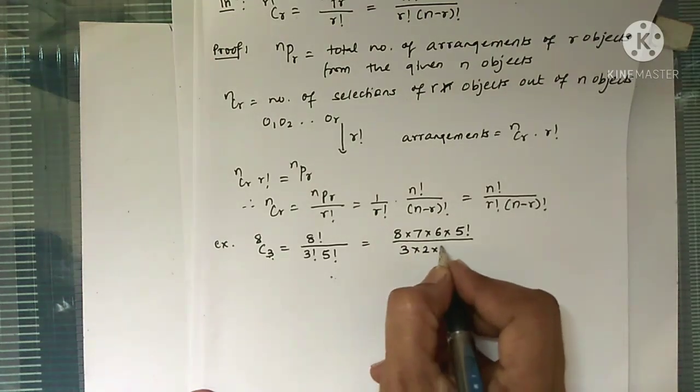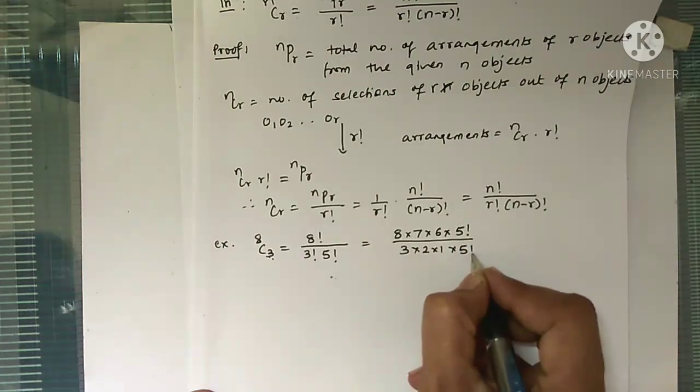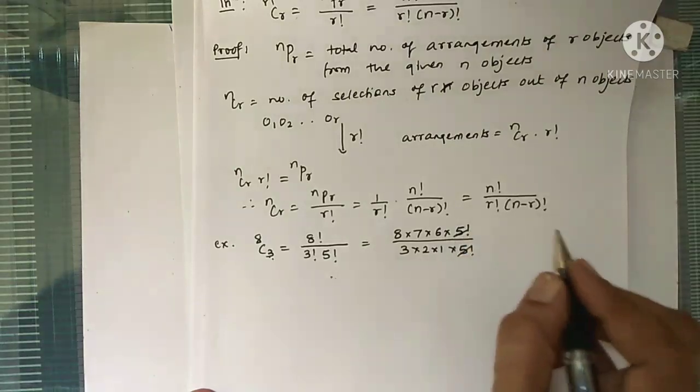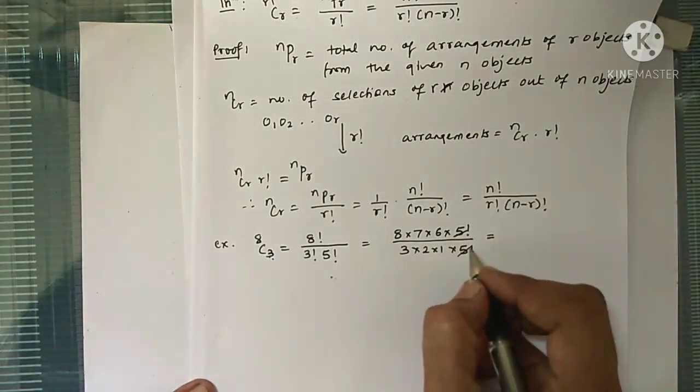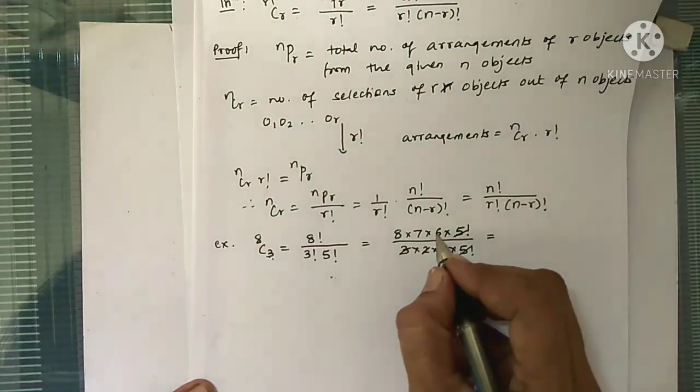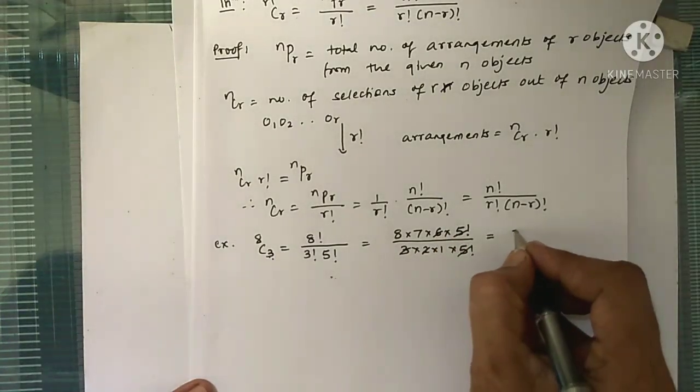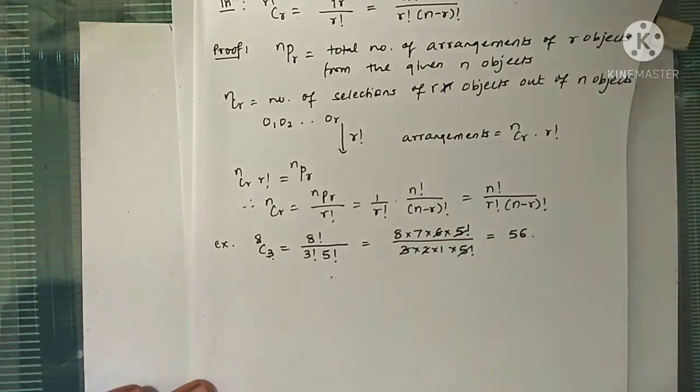Let's write it as 3, 2, 1. The 5 factorial is going to cancel, so let that 5 factorial be as it is. Now cancelling this 5 factorial, and 3 into 2 is 6, let's cancel with this 6. So the answer is 56.